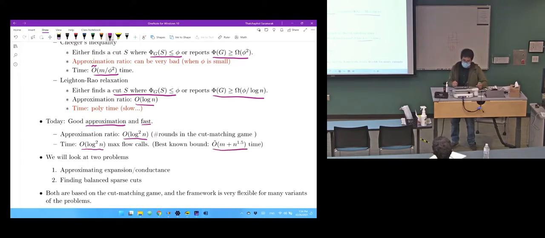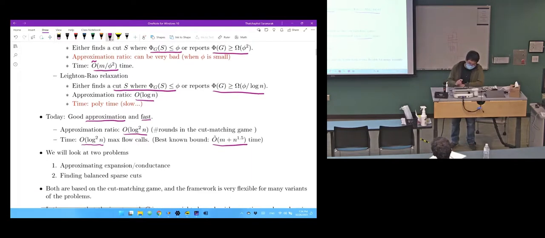So this is why it is both fast and has good approximation. We will get this running time and approximation first for the problem of approximating conductance or expansion. But we will see that this framework is very flexible, and today I will tell you how to use it to find a balanced sparse cut too.